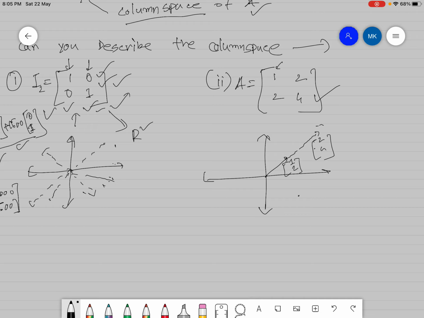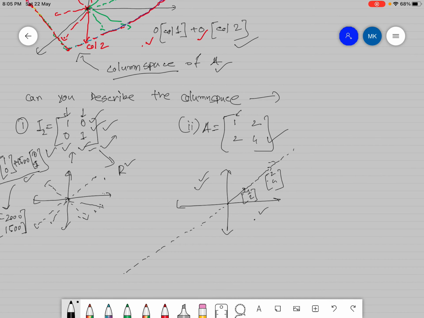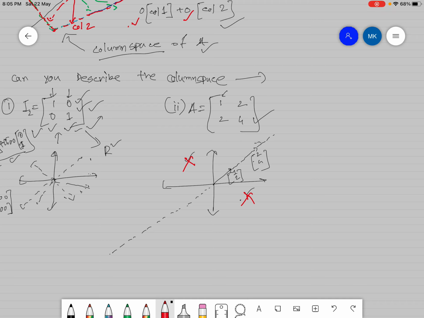You can guess that we cannot reach here. Maybe we can reach here, or maybe we can reach to infinity throughout this line, but we cannot reach these two quadrants. So these two quadrants are unreachable, right? So it does not cover the whole.